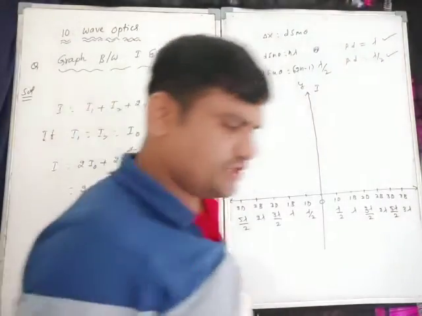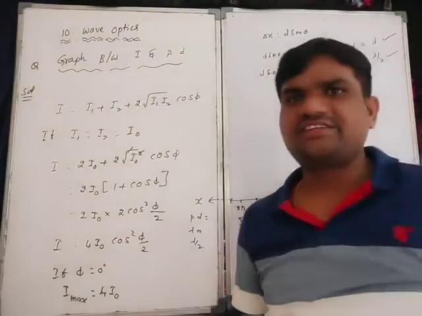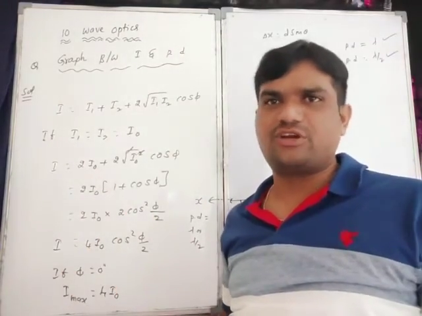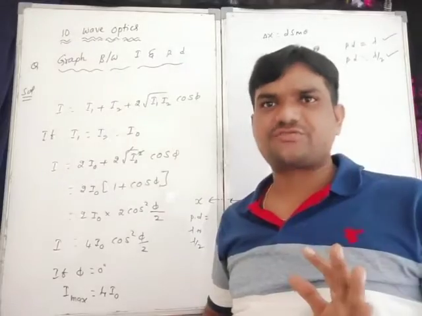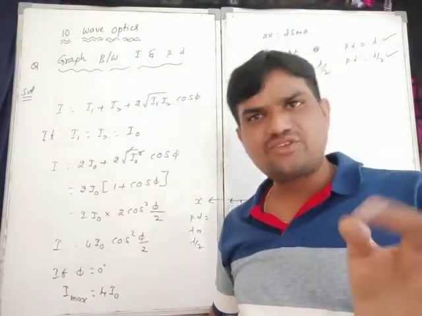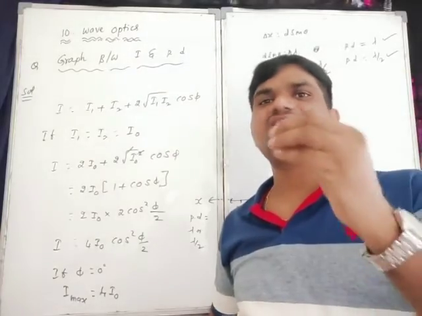So the intensity is maximum at bright fringes and minimum, that is 0, at dark fringes.